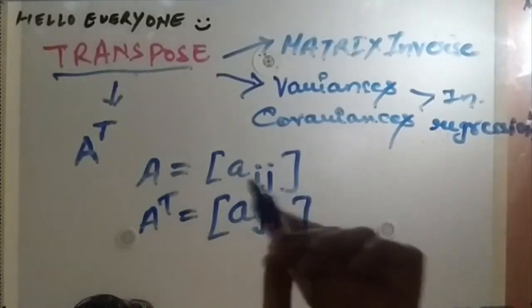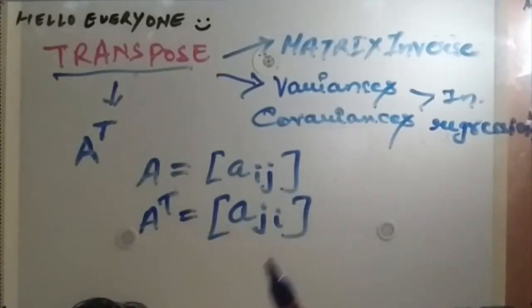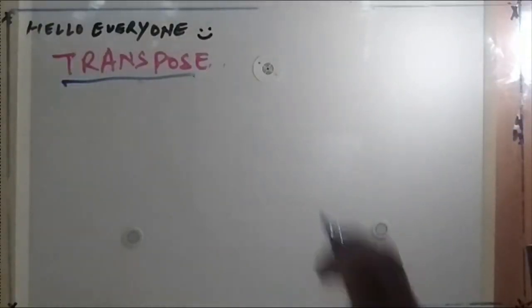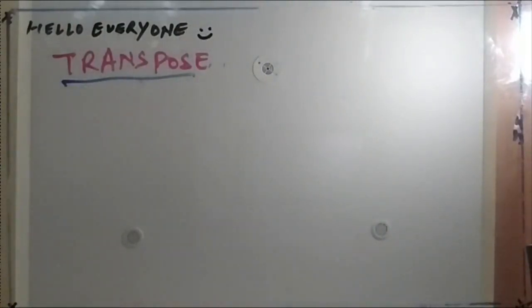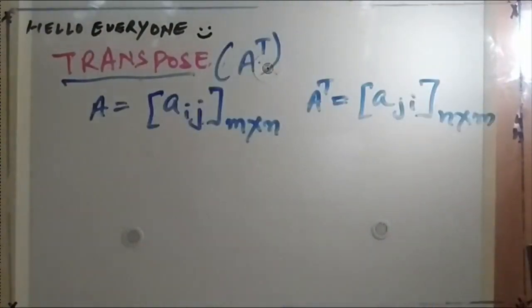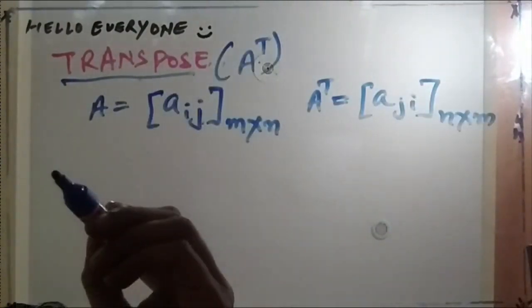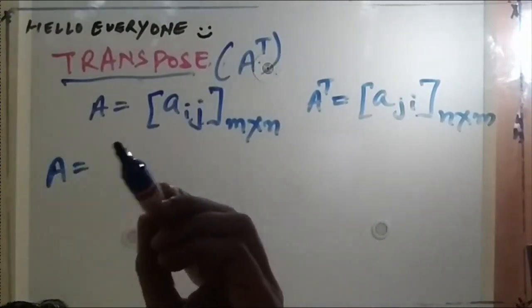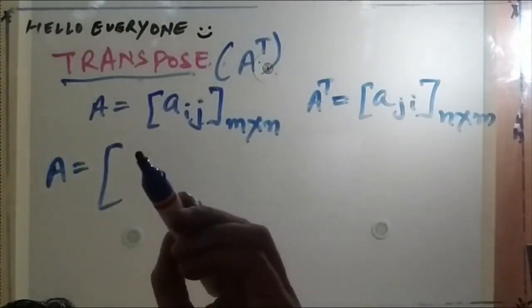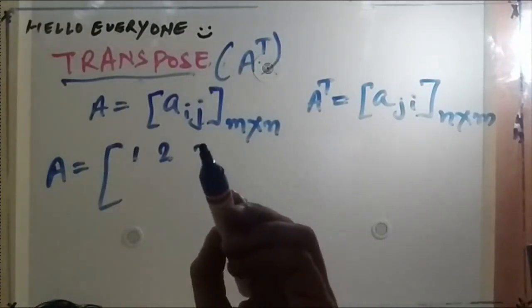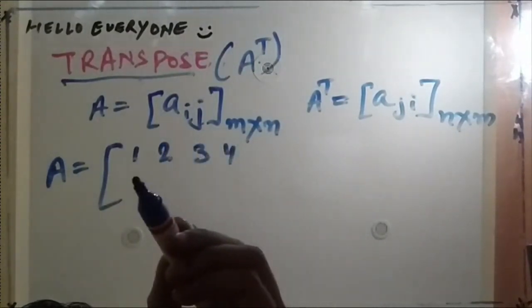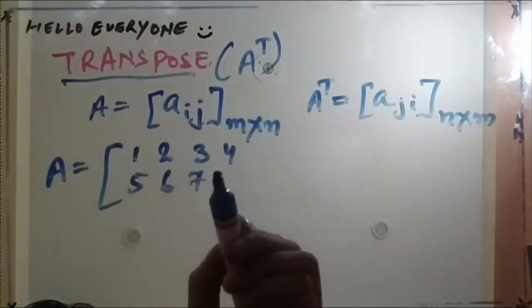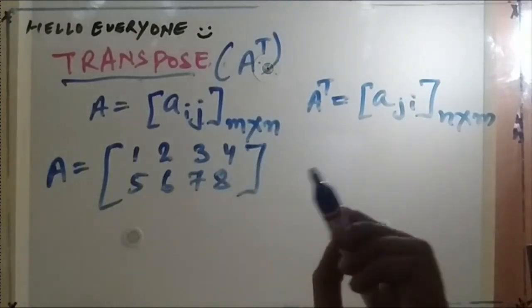So let's understand this by example. Let's take a matrix A where I write 1, 2, 3, 4, 5, 6, 7, 8 as elements.